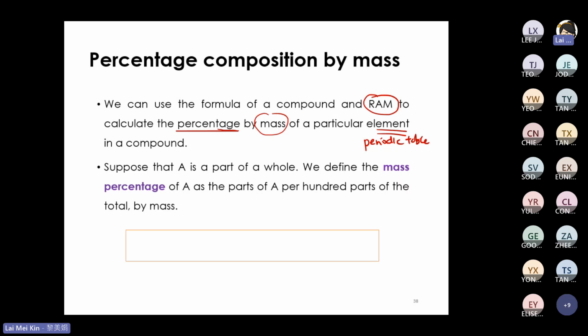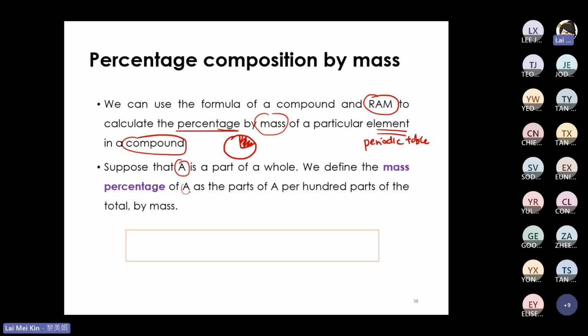So element means anything in the periodic table. If I say I want the mass of hydrogen, then you use the relative atomic mass of hydrogen. So for a particular element in a compound, I want to know how much of this element there is. Suppose that A is the element.